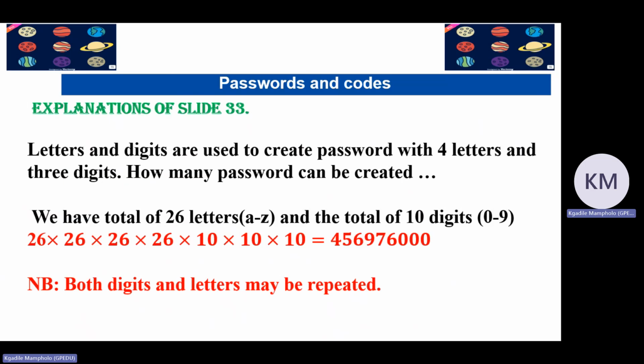I explained that letters and digits are used to create the password with 4 letters and 3 digits. We have a total of 26 letters, which is A to Z. The total of digits is 10, 0 to 9. And as I explained, you're doing this because we repeat.